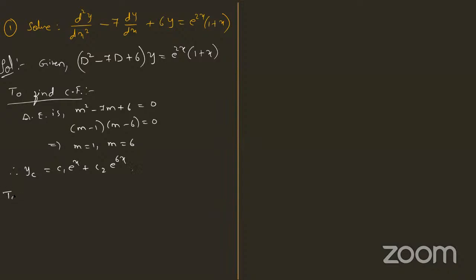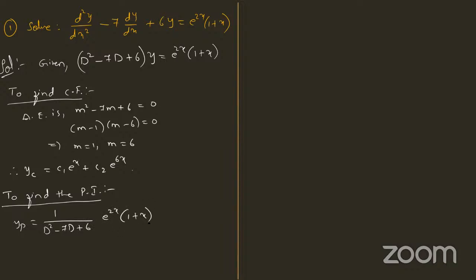Now let's find the particular integral. It is yp is equal to 1 divided by (D square minus 7D plus 6), and this you're operating on e power 2x multiplied by 1 plus x.